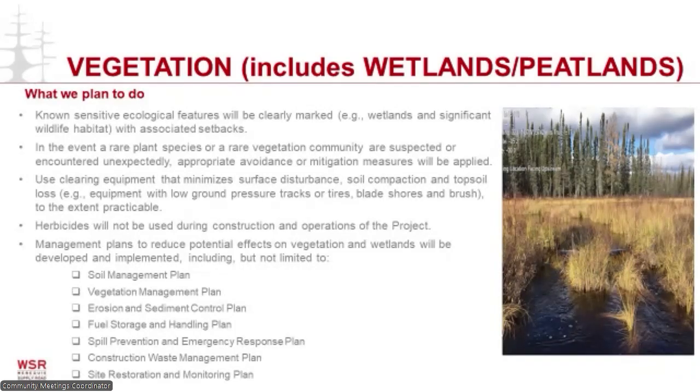No herbicides or chemicals will be used to remove vegetation. Also, specific management plans for soils, vegetation, erosion and sediment control, fuel storage and handling, spills prevention, construction waste, and site restoration and monitoring will be put in place to mitigate, meaning reduce or eliminate, potential project impacts.